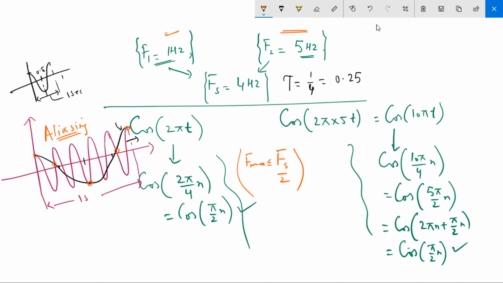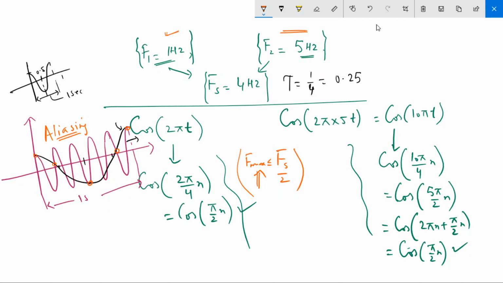So if a system uses a 100 hertz sampling frequency, the signal passing through the system must have its maximum frequency limited to 50 hertz only. Otherwise, if it is beyond that, you can have aliasing distortion, right?